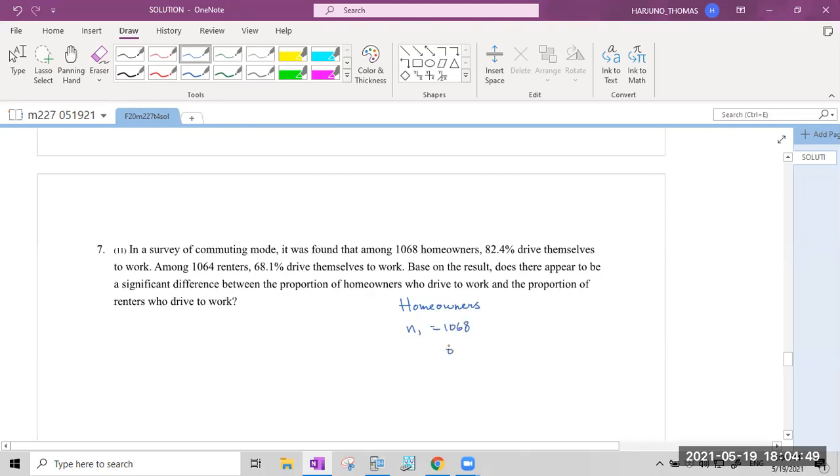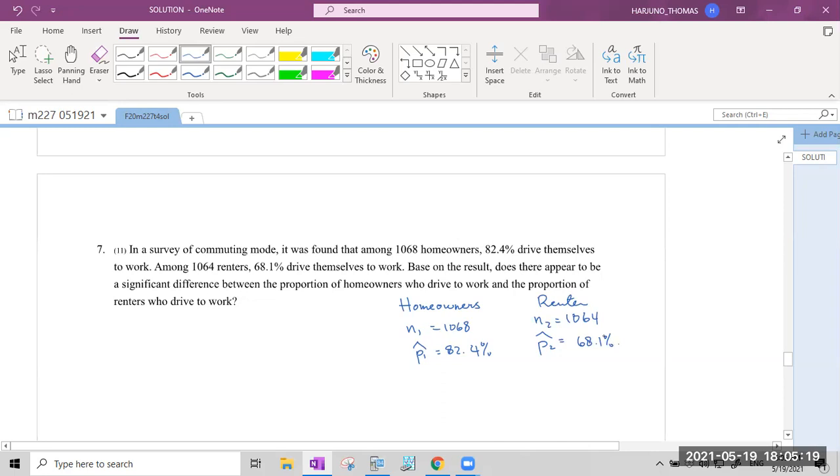Now, what is that 82.4% representing? That's the p1 hat, the proportion among that 1,068. While among 1,064 renters, the proportion that drive themselves to work is 68.1%.